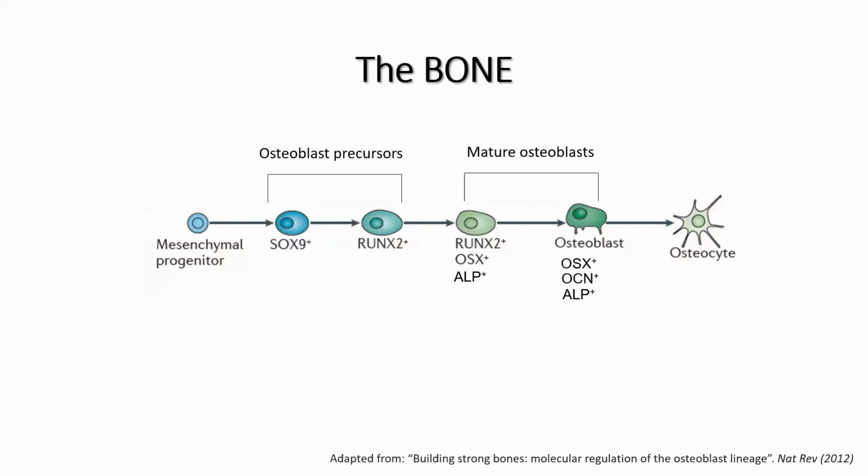This process of maturation and differentiation can be defined by the expression of different markers, such as SOX9, RUNX2, ALP. And so as you go along the process of differentiation and maturity, there are different markers for this. So for example, an ALP positive cell is more mature than a non-ALP positive cell.